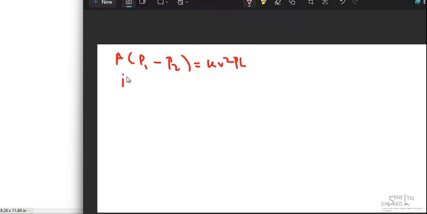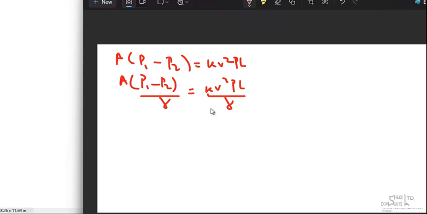You have A into P1 minus P2 over the specific weight equals K V square P L over the specific weight of the fluid.